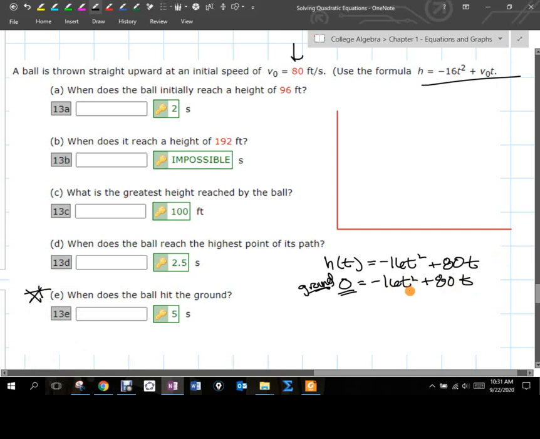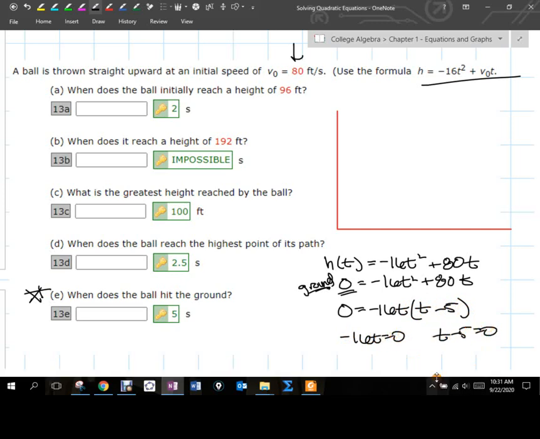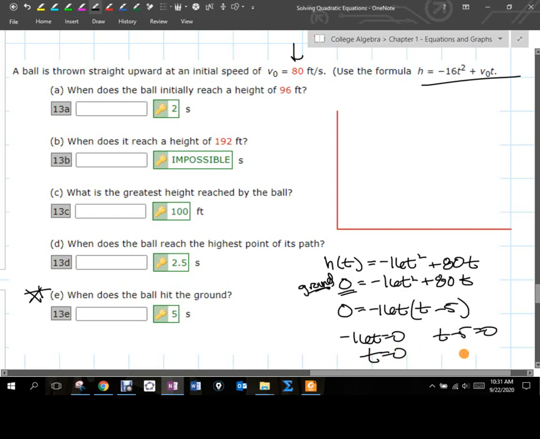With this, factor, take out a negative 16t, and I get t minus 5, right? So I get two answers. t is 0 and t is 5, correct? So t is 0, t is 5.